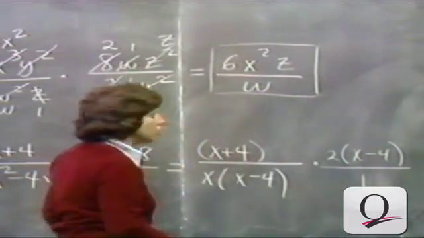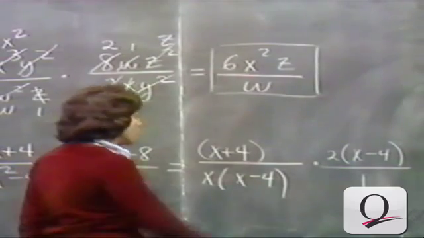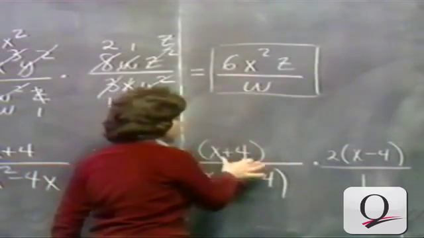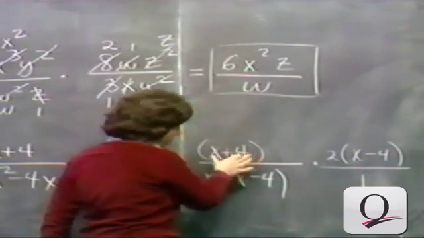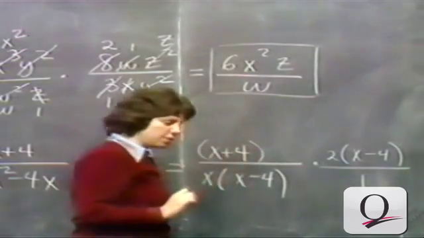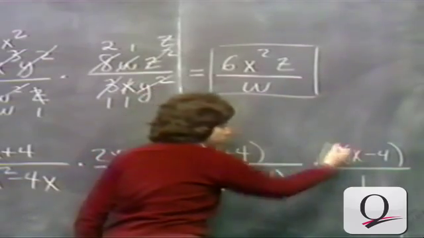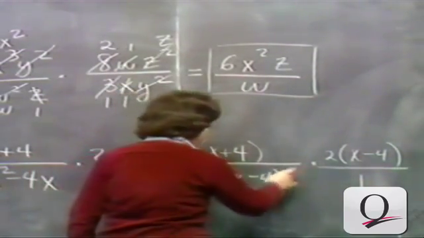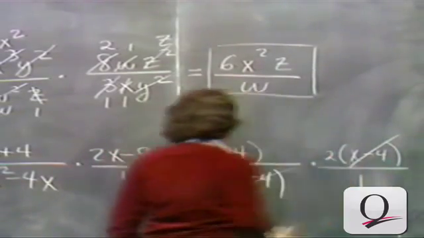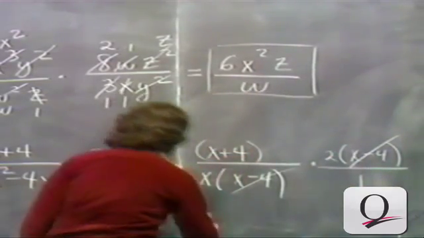We have all these things joined by multiplication. The plus sign is okay inside the parentheses. The whole factor, though, is x plus 4. All the factors have to be joined by multiplication. Now, x minus 4 can be canceled out, top and bottom, giving us a final answer.